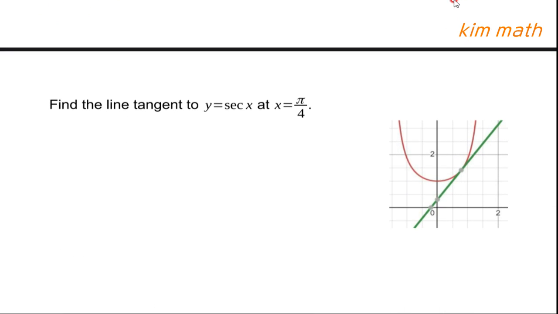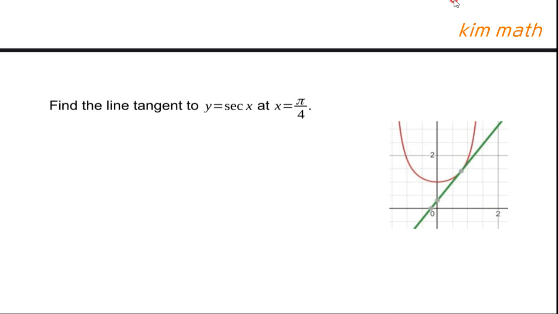Now we will try to solve one question together. Find the line tangent to y equals secant x at x equals pi over 4. Since this is a secant x, now at pi over 4, the x coordinate, what is the equation of this one?